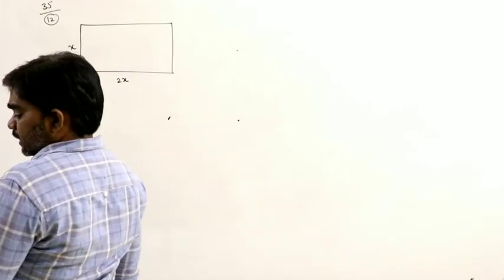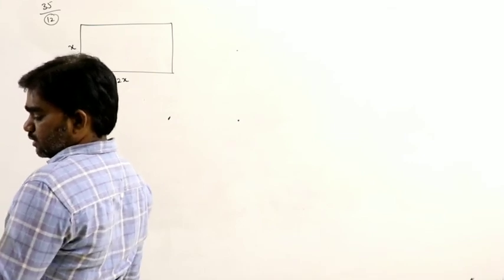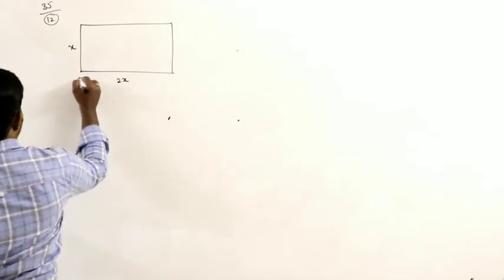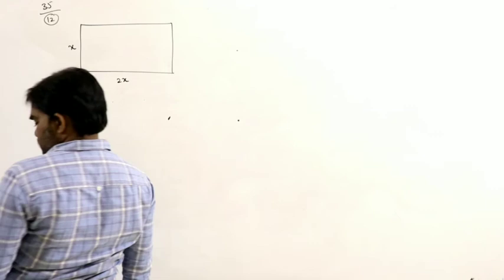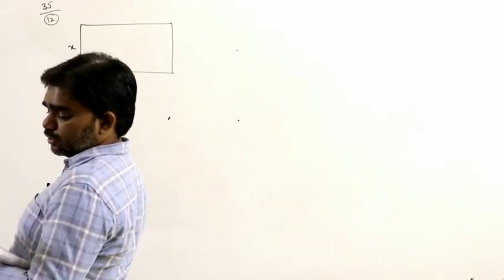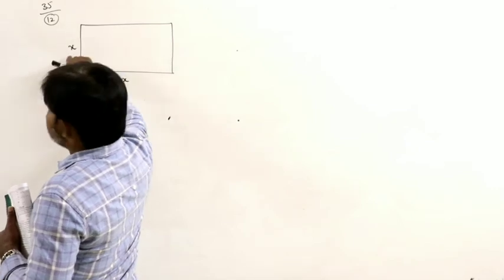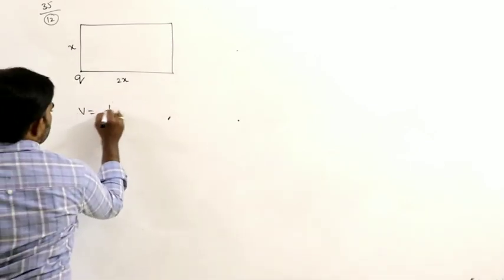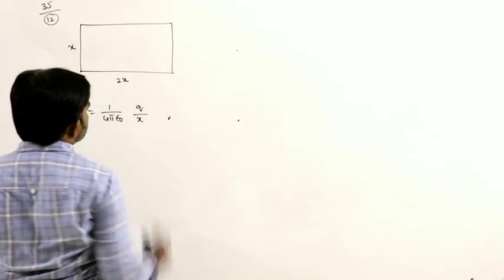Let us say a charge q is kept at one vertex. The maximum electric potential due to the charge at any other vertex is V. Maximum possible potential means less distance. So V is equal to 1 by 4 pi epsilon naught q by x.